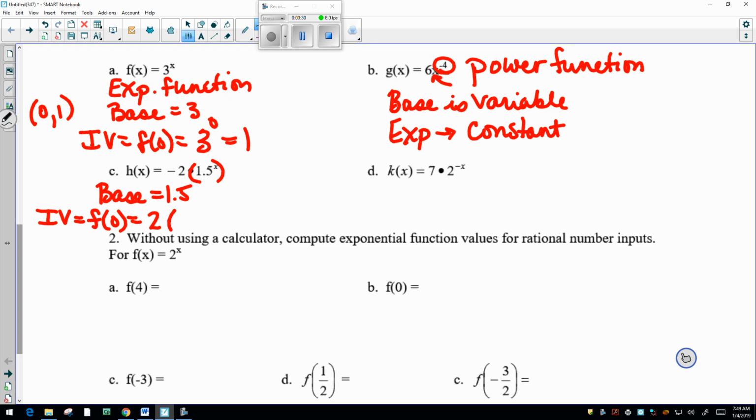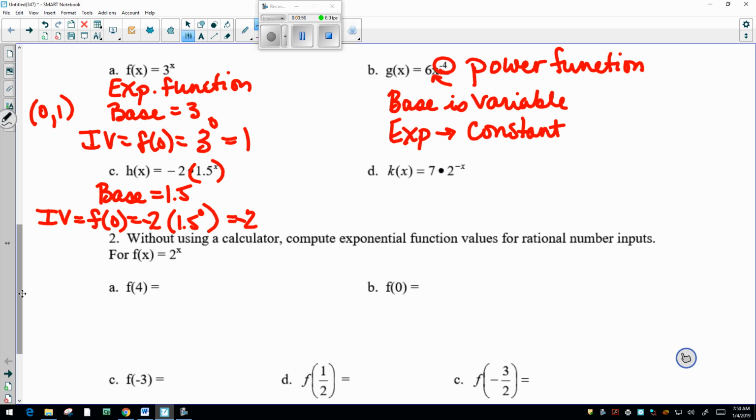So you have 2 times 1.5 raised to the 0. Be careful with orders of operations. 1.5 to the 0 goes first, so anything to the 0 power is 1. 2 times 1 will be 2. So your initial value on this is now 2. Ooh, and it should be a negative. I lost that negative there. So sorry, we should have a negative in front. So how about your initial value is a negative 2?